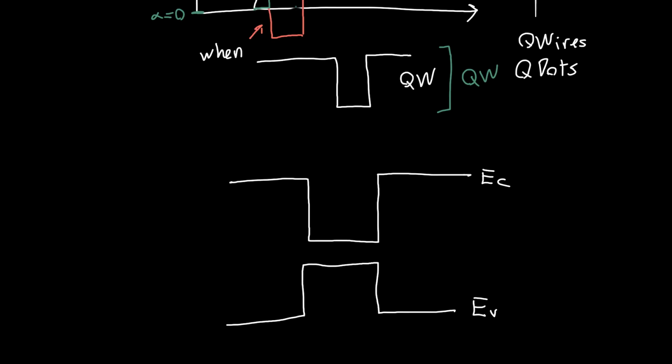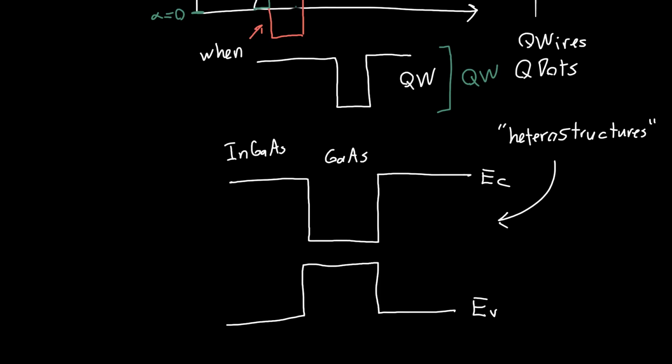And so this, for example, might be indium gallium arsenide. This might be gallium arsenide. And this is what's called a heterostructure. A heterostructure. And these are the basis for how all quantum wells are made. And this is how most modern lasers and LEDs are fabricated. So heterostructures are really the core of all of modern active optical devices.